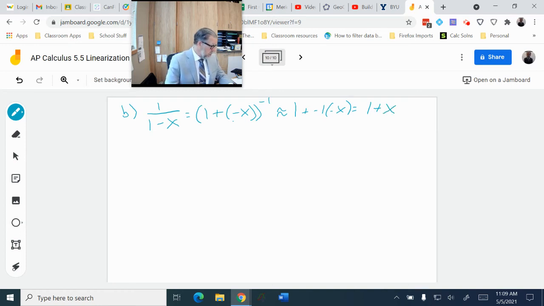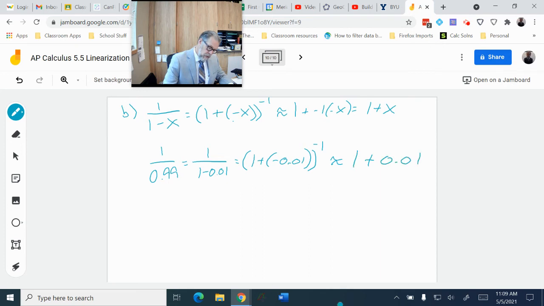So if I want to find the value of 1 over 0.99, I could rewrite this as 1 over 1 minus 0.01. Well, that's 1 plus negative 0.01 to the negative 1. And this is approximately 1 plus 0.01, which is 1.01.